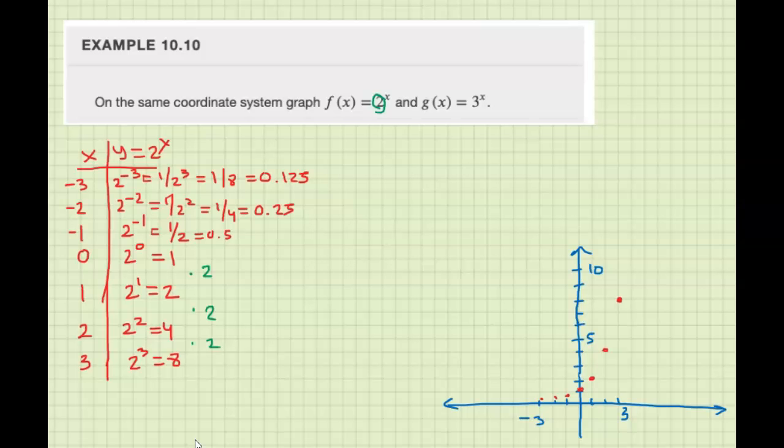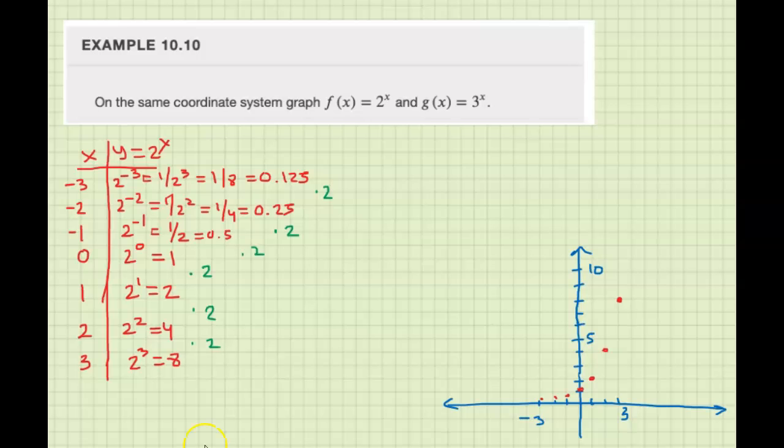And it happens here too, right? If I multiply 0.125 by 2, I get 0.25. Multiply by 2, I get 0.5. Multiply by 2, I get 1. Okay, so the values are doubling because the base is 2. Whatever the base is, that's what you're multiplying by to get the next value.